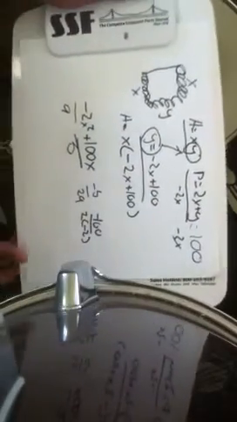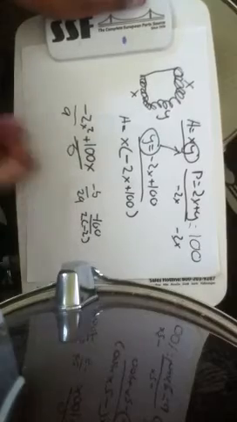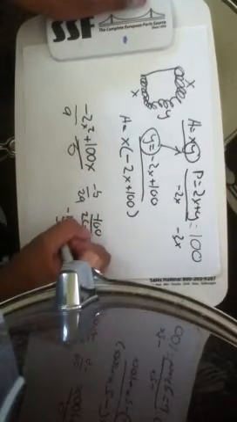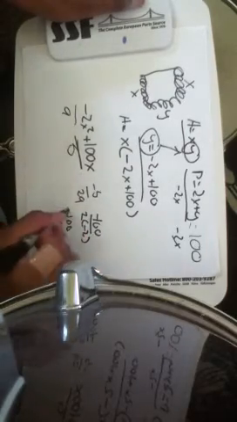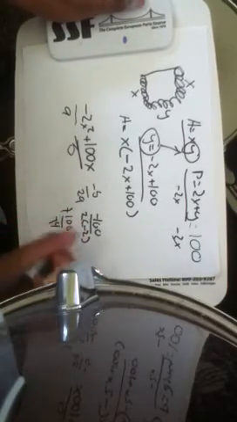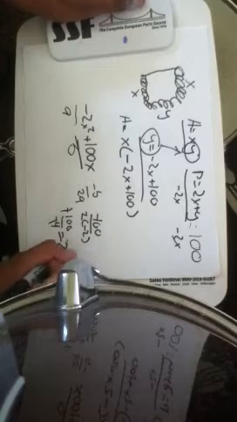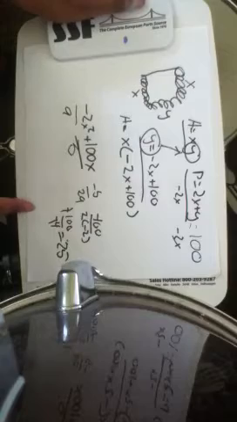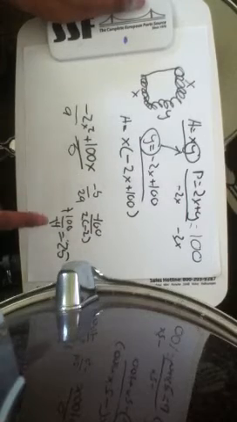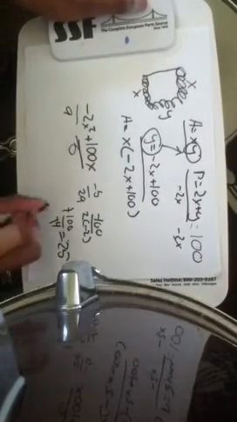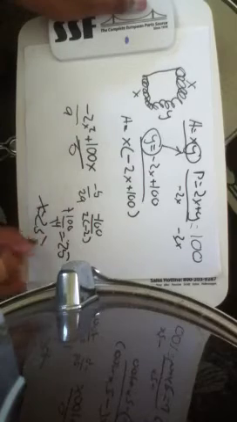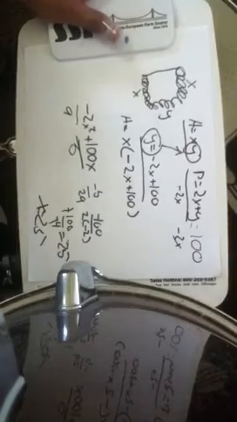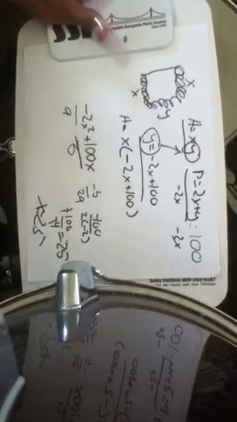It's going to be negative 100 over negative 4. Negatives cancel out. And this can simplify into 25. So x equals 25.